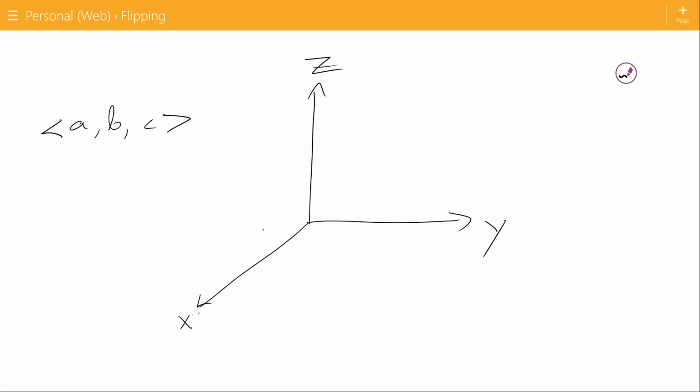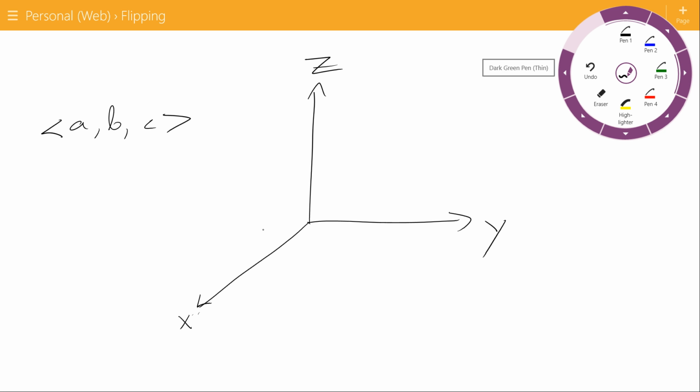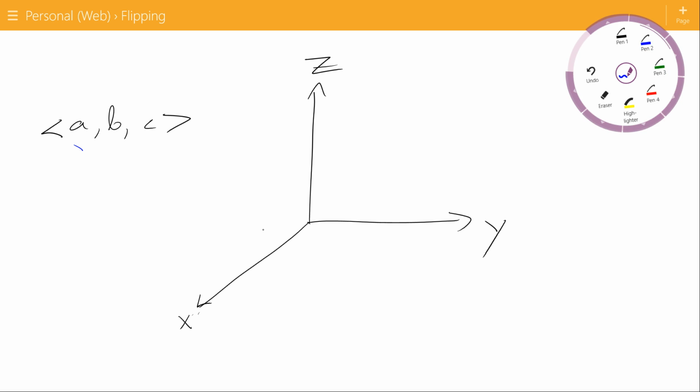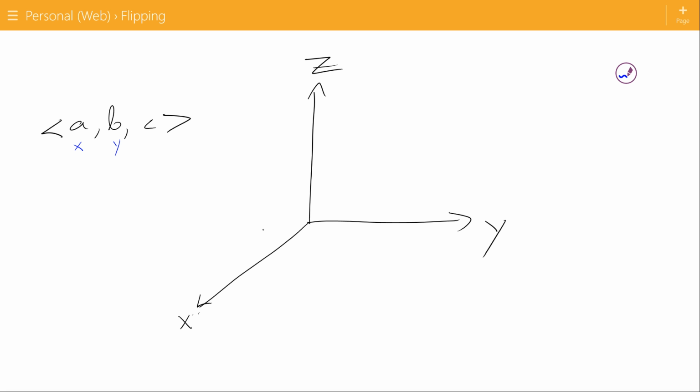As far as how we represent vectors, they are done with 3 coordinates. So you've got your A, which in this case is our x, your B, which would be y, and your C, which would be z. And how this could look would be something maybe like this.